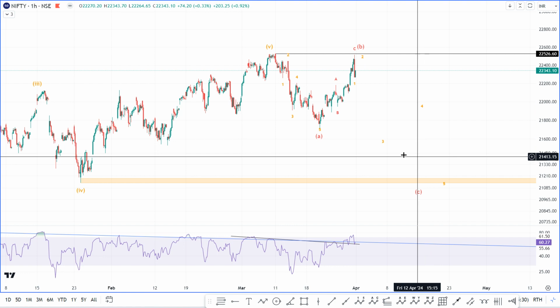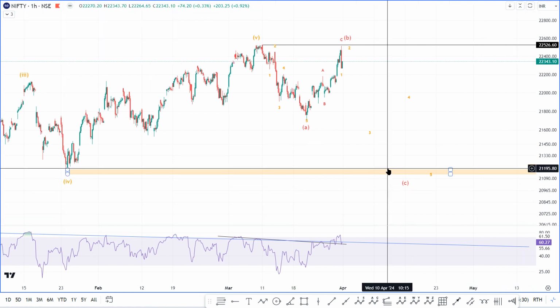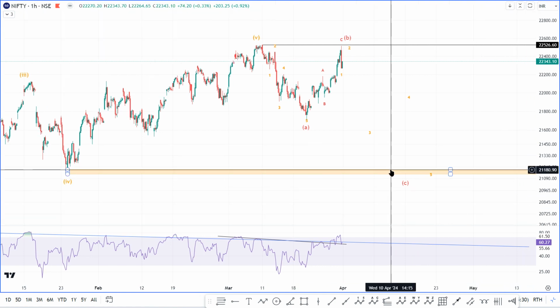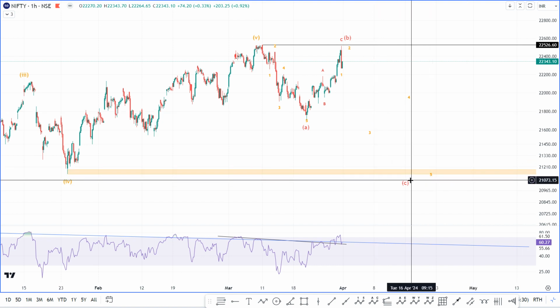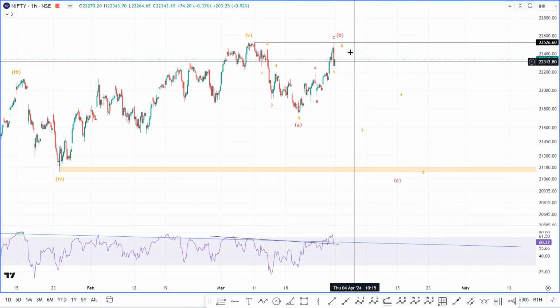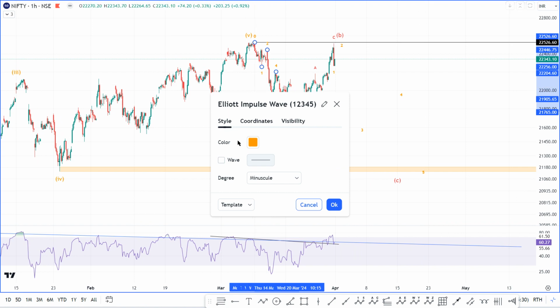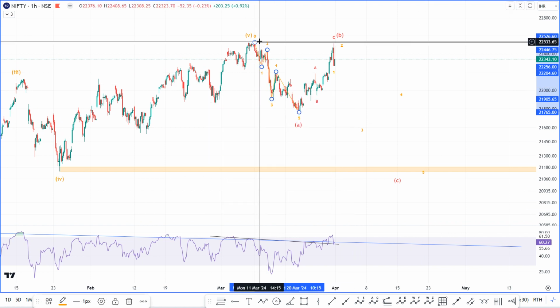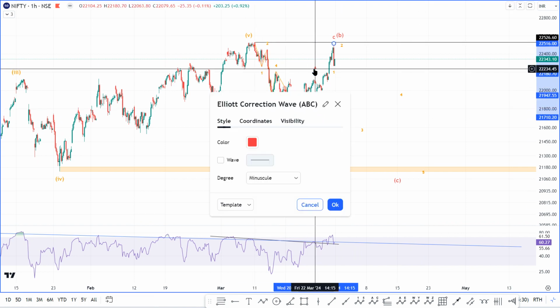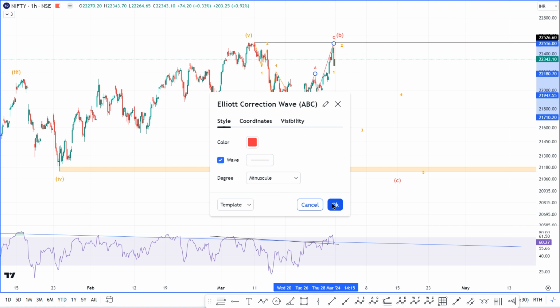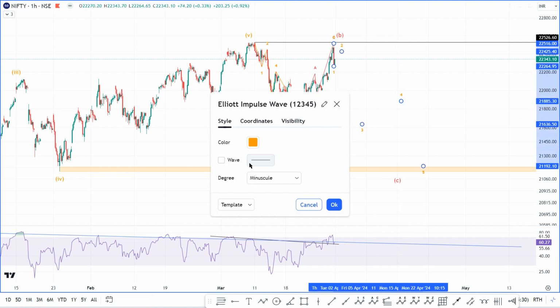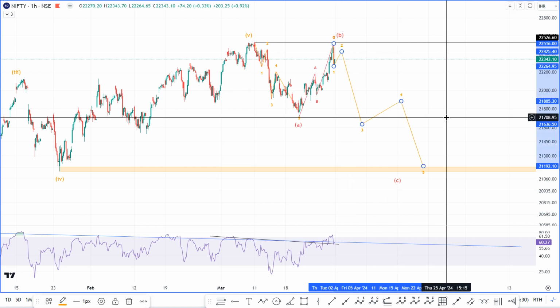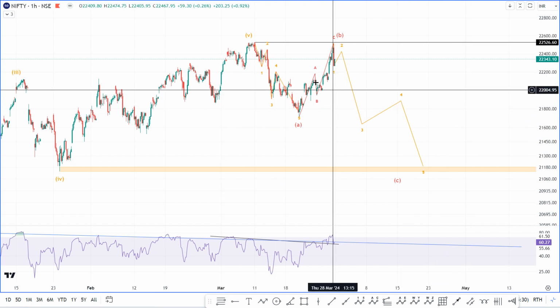So I'm expecting Nifty to be somewhere around 21,150 to 21,200. That is the range I'm expecting the C wave to terminate at. So this was the five wave structure of wave A, a three wave structure of wave B, and this can be a five wave structure of wave C. So I'm expecting this.